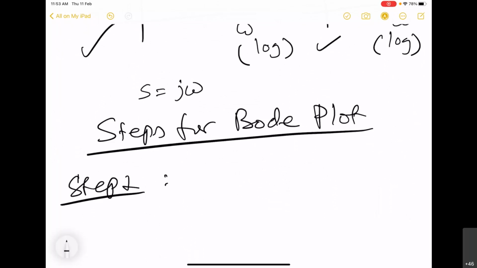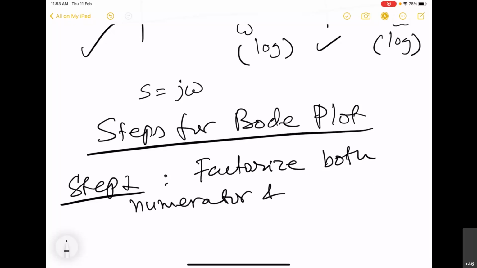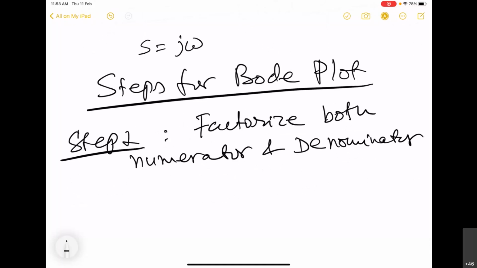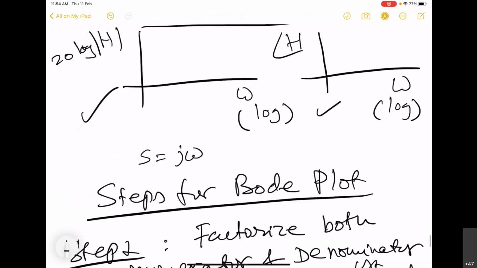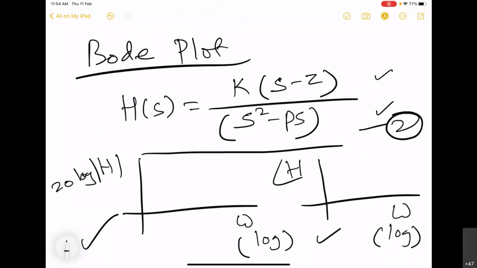So the first step is to factorize both numerator and denominator so that we have only first order terms. Here you can see that the numerator is already first order.